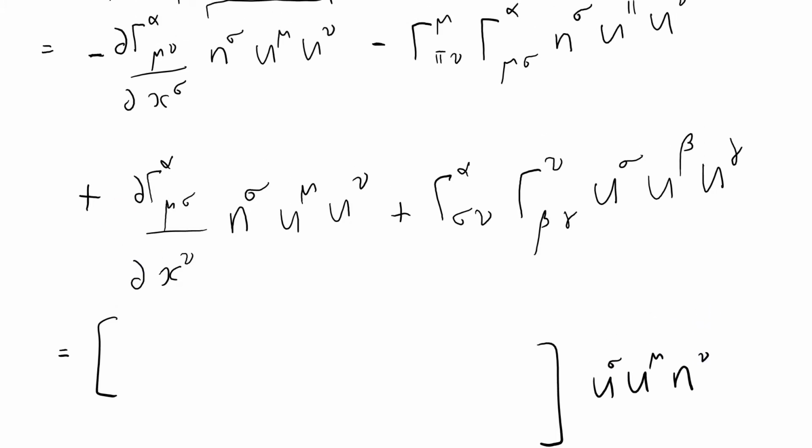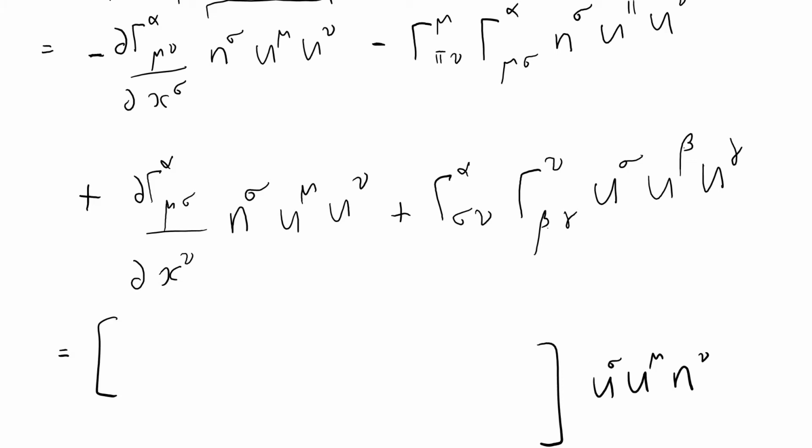Let's just see how much of these terms I can do here. You see, each one has got an n, a u, a u, and a u. Now, there's a pi here which is making life difficult, and a beta here, but it doesn't matter, it's an umbral index. It's summed over that beta, so I can call it squidge or squatch, I can call it whatever I like.